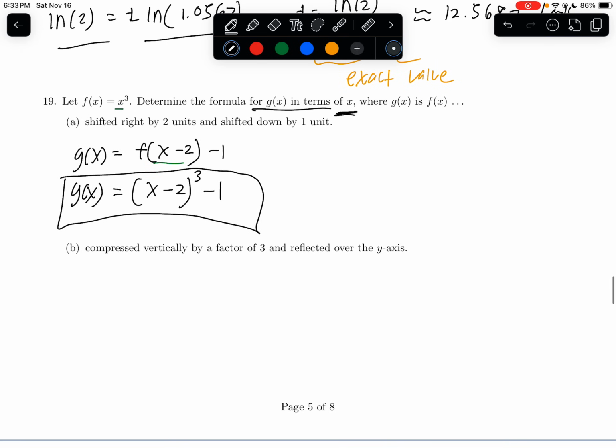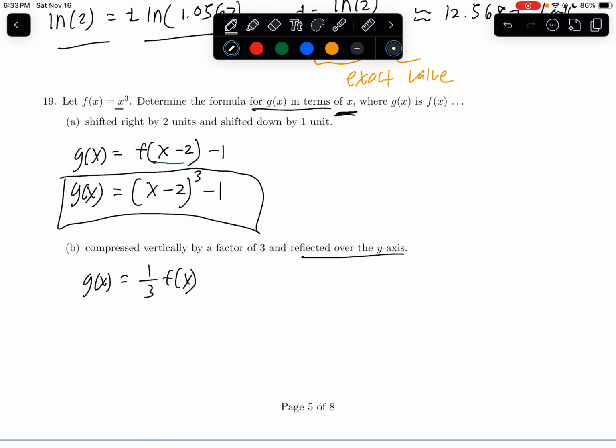And then compress vertically by a factor of 3. If we want to compress it, we have to multiply all of the outputs of the function by a number less than 1. We actually multiply it by 1/3. So 1/3 f of x. There's no horizontal or vertical shifting, so I'm not going to have any constants on the end.